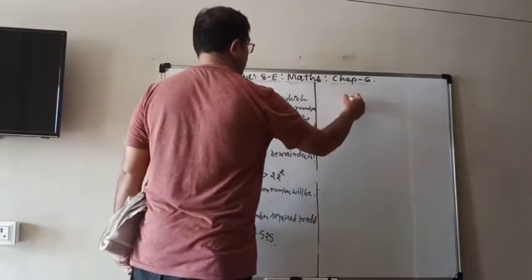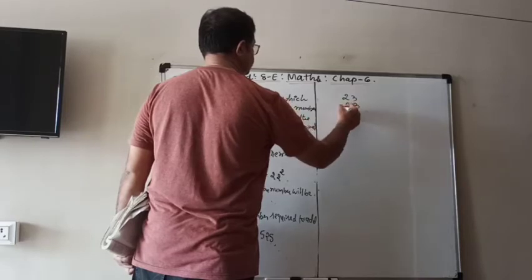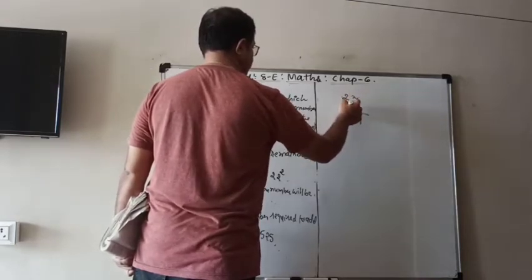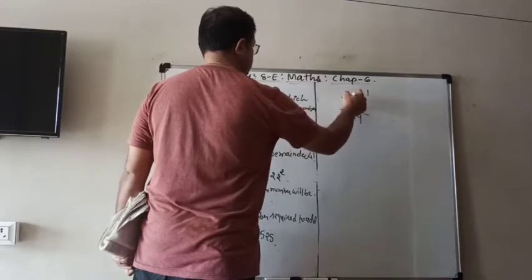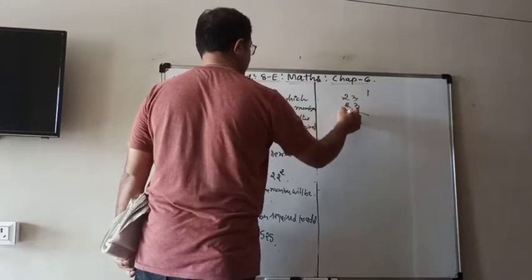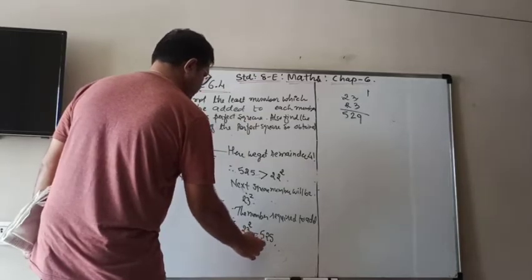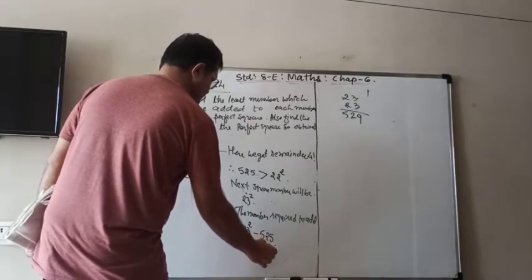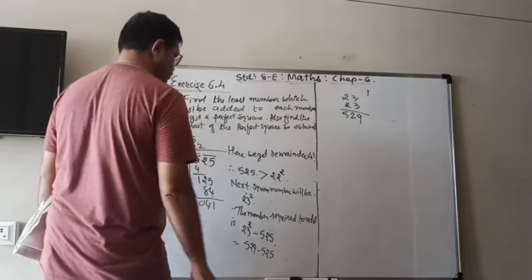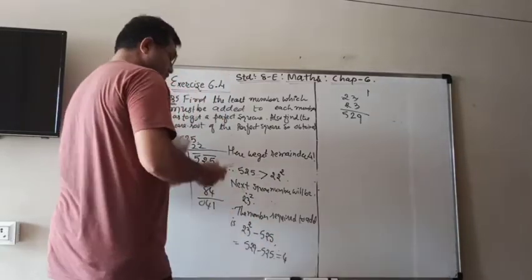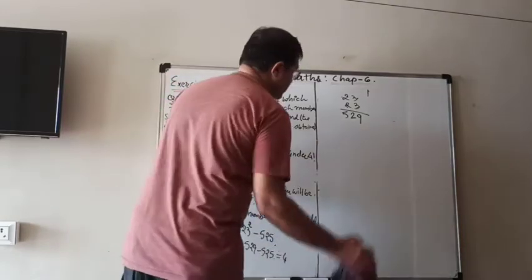So let's find the square of 23. 3 3s are 9, 3 2s are 6 plus 6 is 12, 2 2s are 4 plus 1 is 5. So it is equal to 529 minus 525. That is 4. It means that we have to add 4 to the number.